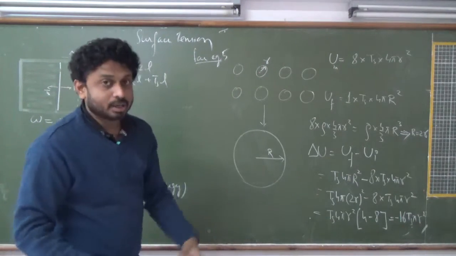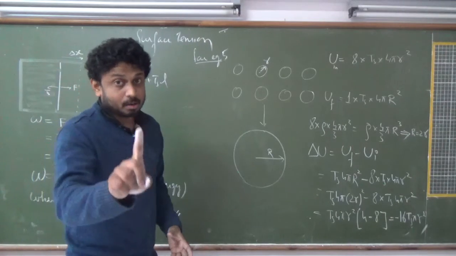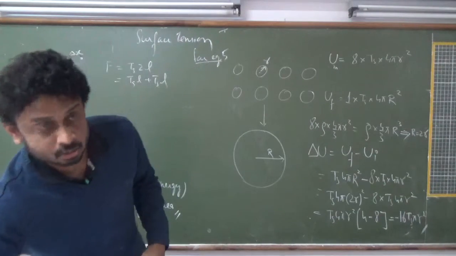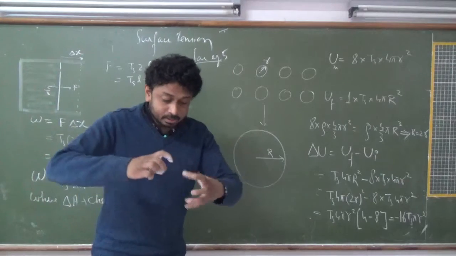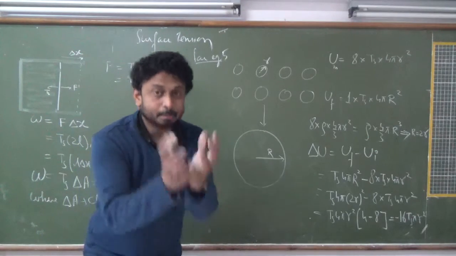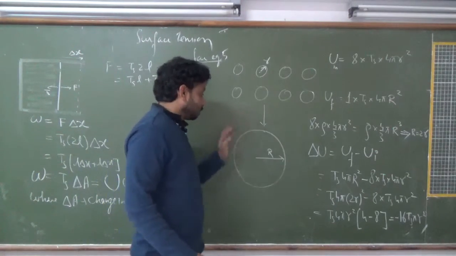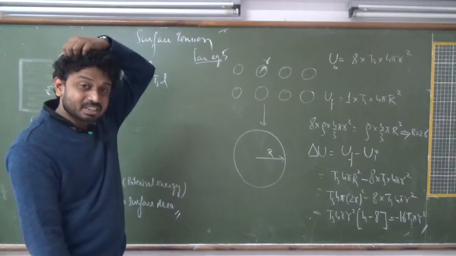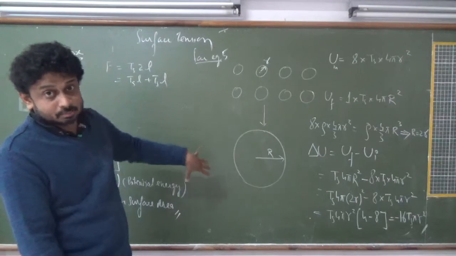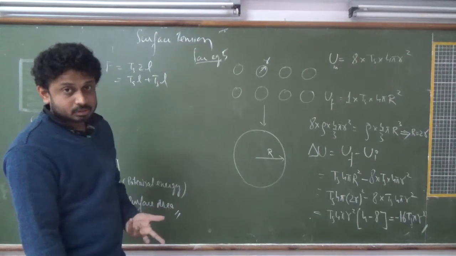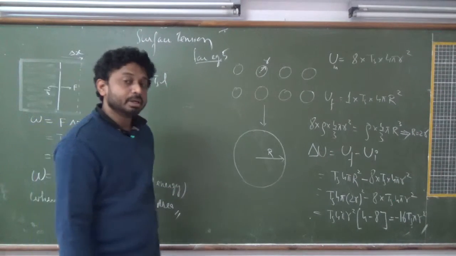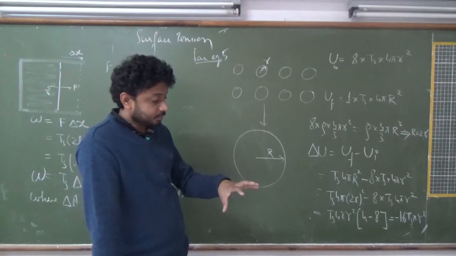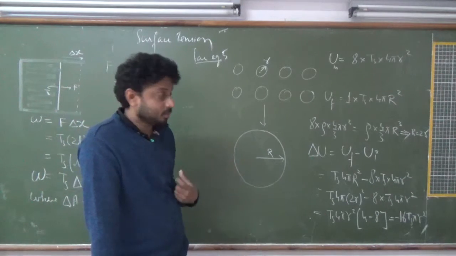Now when you put them together, automatically, I will come to this word automatically later on, they will form a bigger drop. So let us say the bigger drop has a radius of R. Correct? Now the question is, how much energy is released or absorbed by the system? Released means your change in potential energy will be negative, and if it is positive, it means it has absorbed.